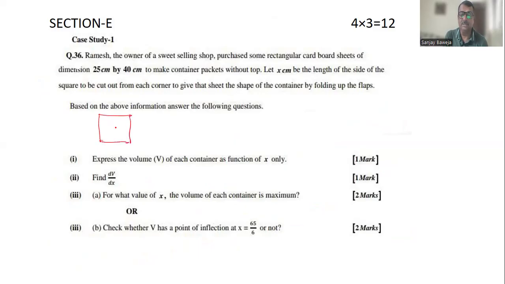If this is the sheet and you cut a square from each corner, you will get something like this. And these flaps are folded to get this kind of box.